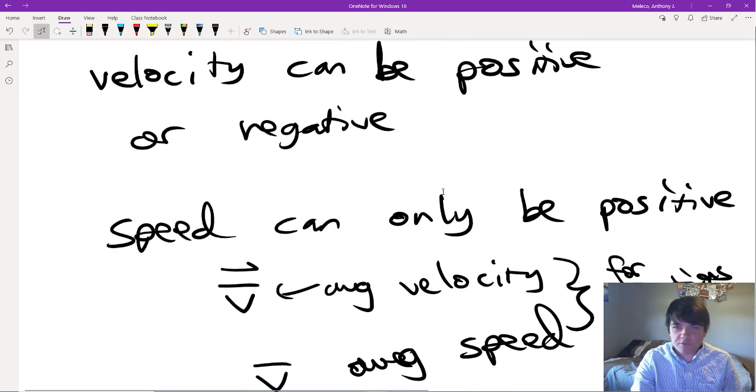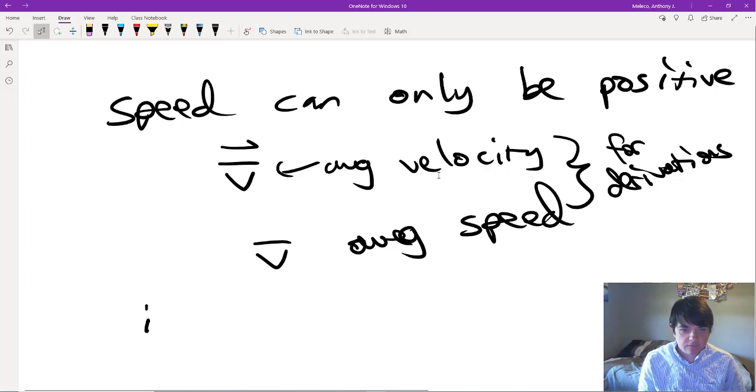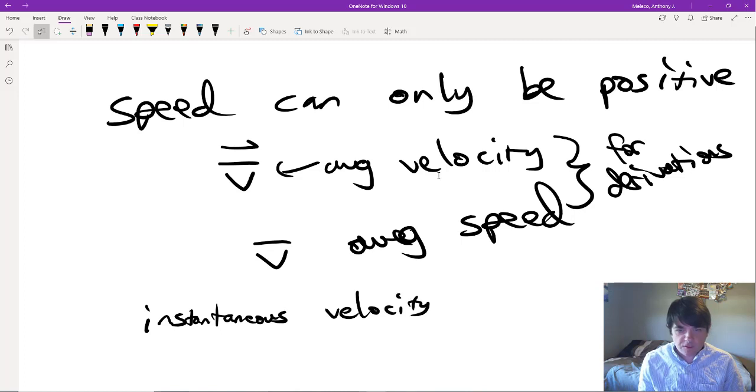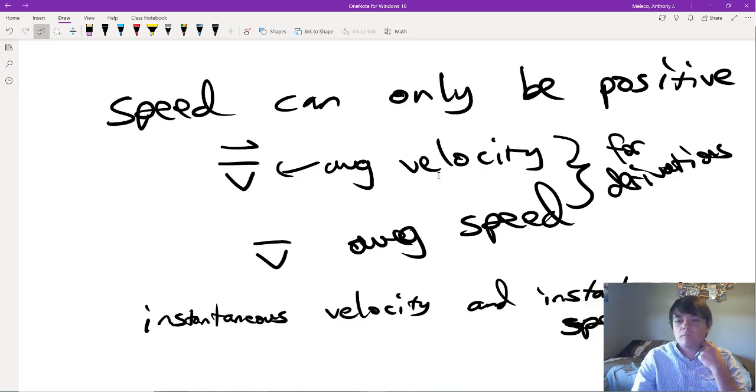There's also technically instantaneous velocity and instantaneous speed. For example, if I'm driving on the highway and my average over the whole distance is some amount, but periodically I'm speeding up and slowing down.